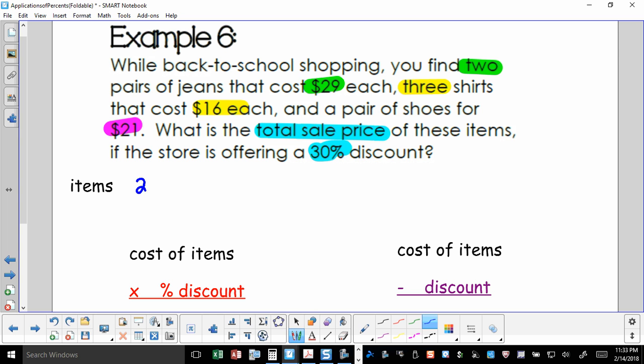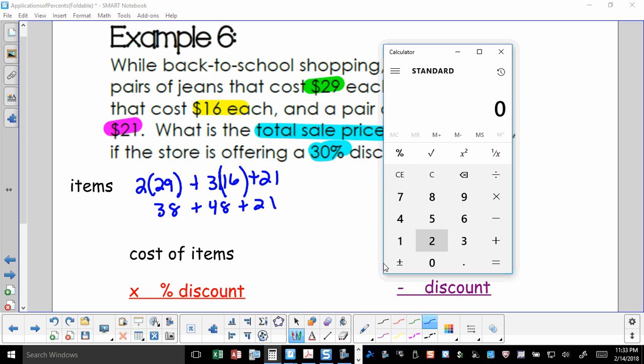So we have 2 for $29 plus 3 for $16 plus the shoes for $21. So that I think is 58 plus 48 plus 21. Let's go ahead and add those.